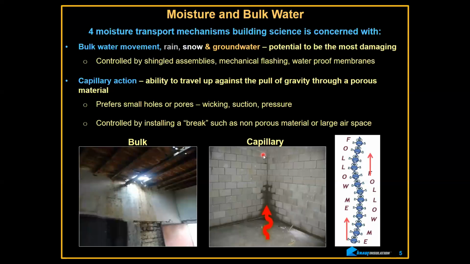And we know this can reach very high elevations, how high this water can climb. All you have to do is take a look at a redwood to understand that. These things wouldn't be that tall if they couldn't get capillary water all the way up to the top. So capillary action and bulk water moving, those are two of them.